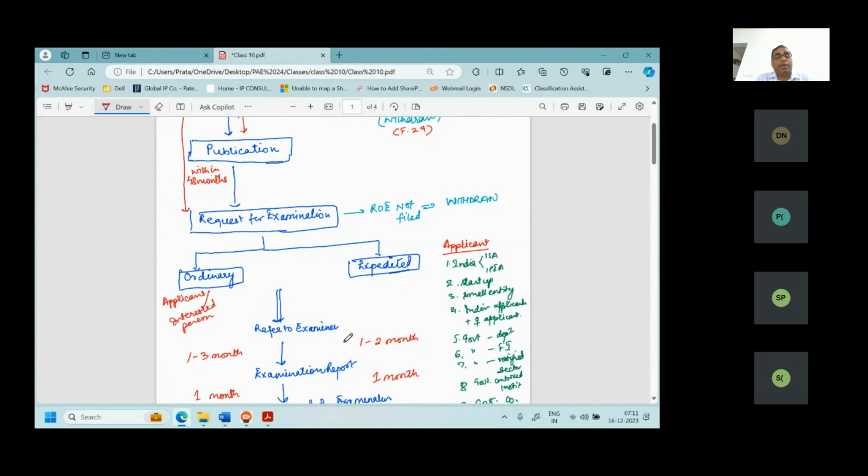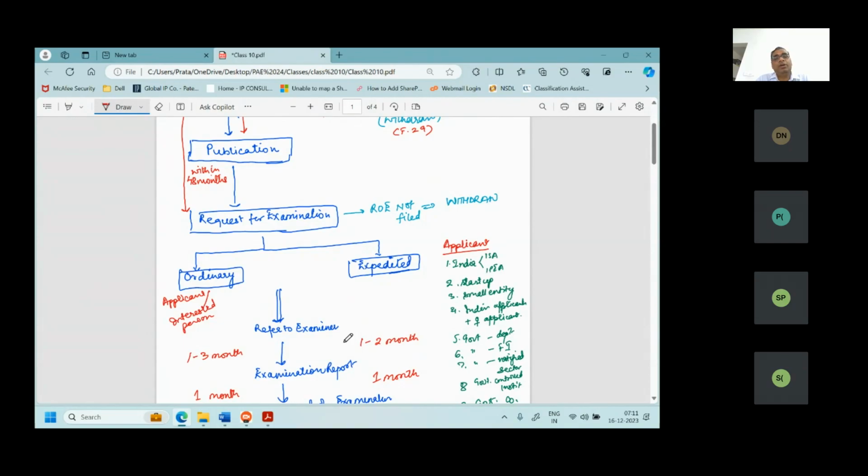While expedited examination can only be asked for by certain categories of applicants. What are those categories? If India is chosen as the ISA or IPEA in a PCT filing, then yes, that applicant can go for the expedited examination.